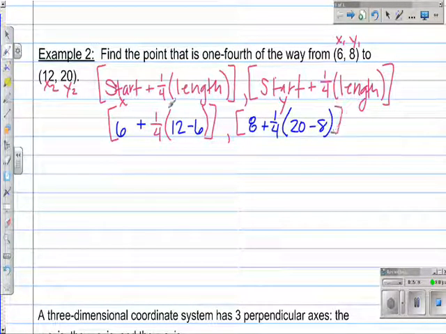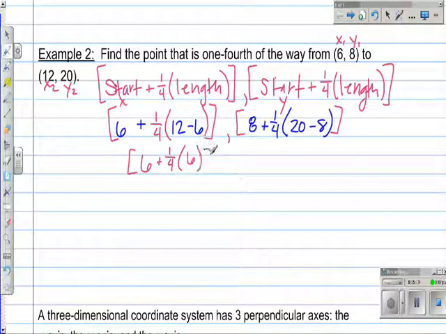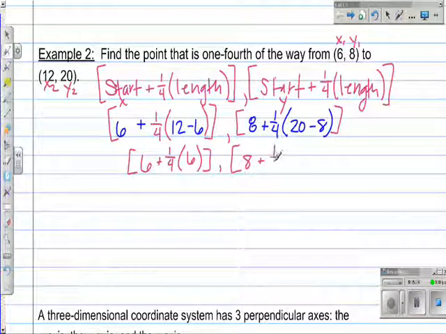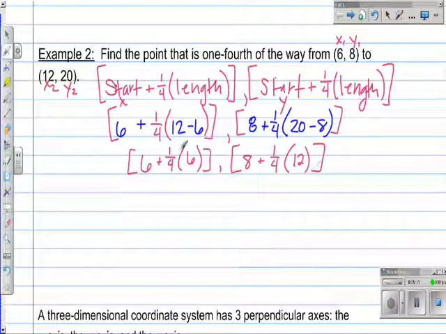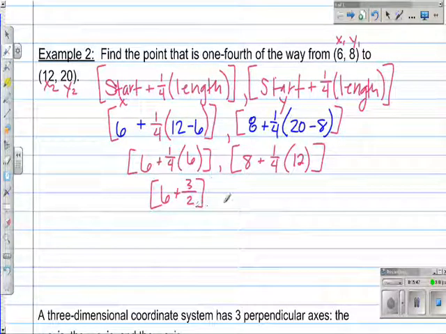Okay, so from here we know we have 6 plus 1/4 of 12 minus 6 is 6, comma 8 plus 1/4 of 20 minus 8 is 12. So 6 plus 6 over 4 is going to be 3 over 2, comma 8 plus 1/4 of 12 is just 3.